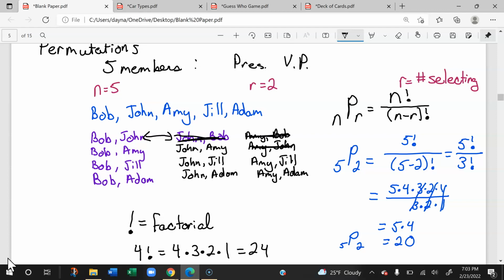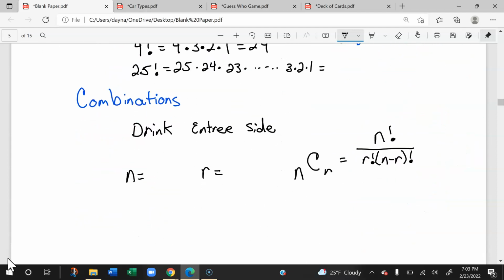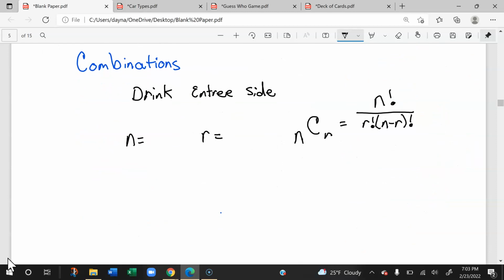Amy and John is already taken. So if I were doing permutations, I would have all of these. If I'm doing combinations, I get rid of these. So I'm going to have fewer combinations than I do permutations. And that's why I have to divide by an extra r factorial.